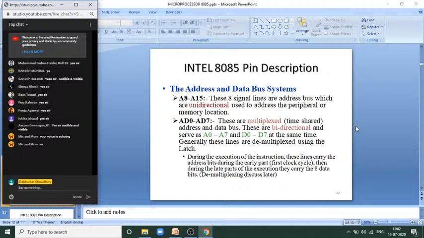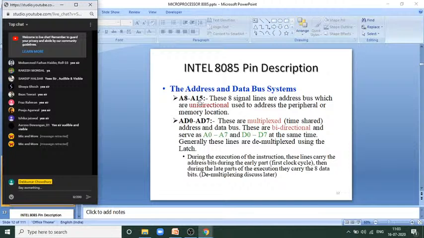Now we are discussing the address and data bus system. Address buses are denoted by A0 to A7 and A8 to A15. A0 to A7 are known as the lower order address bus. They are responsible for transmitting lower order addresses. The higher order address bus is A8 to A15.